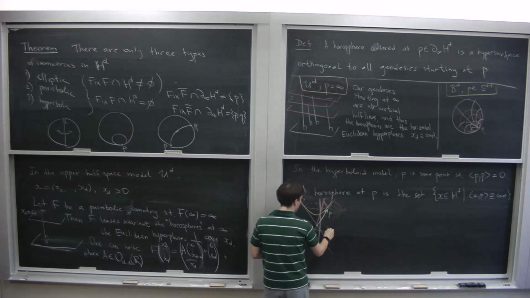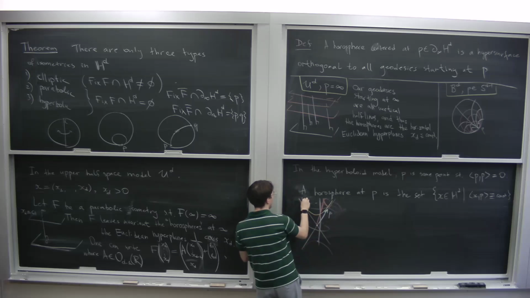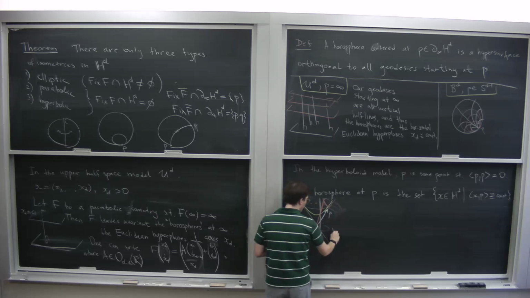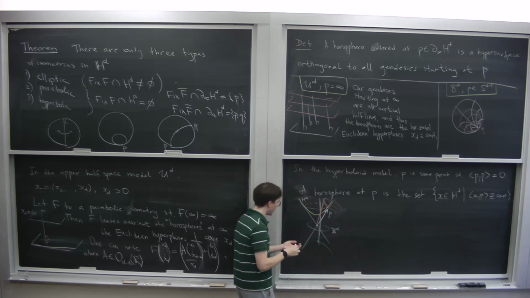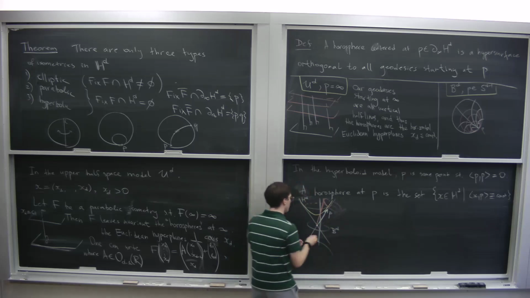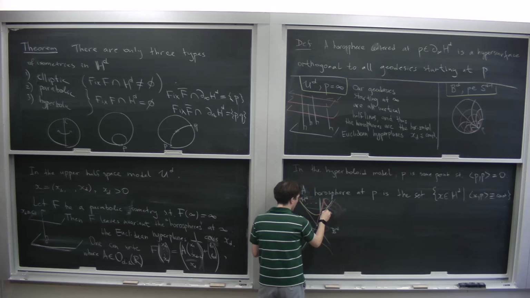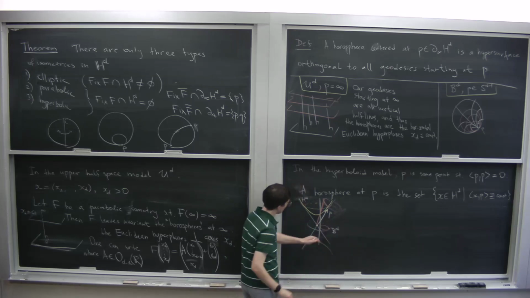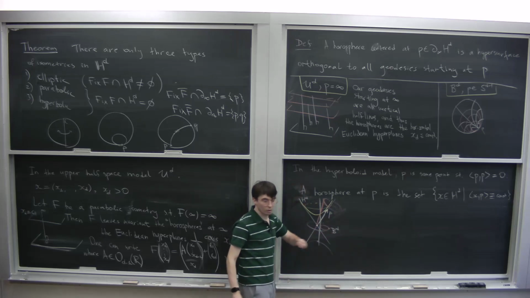This is my HD, and this is my ball model BD, right? Then after the projection, I obtain the sphere that is tangent to BD, okay?